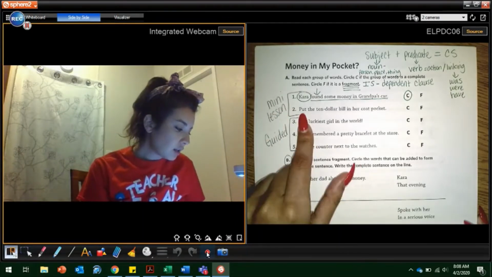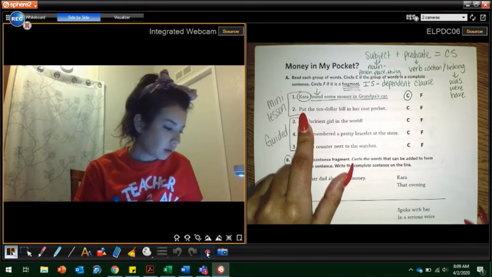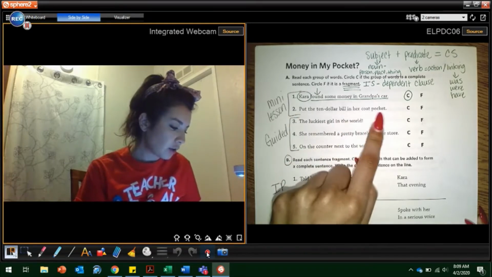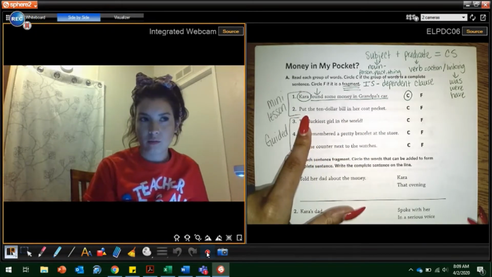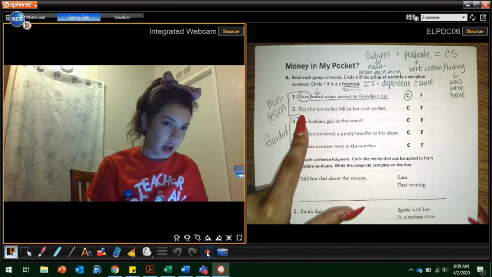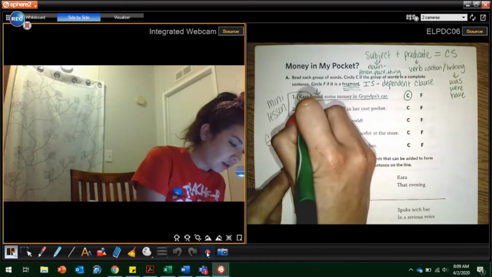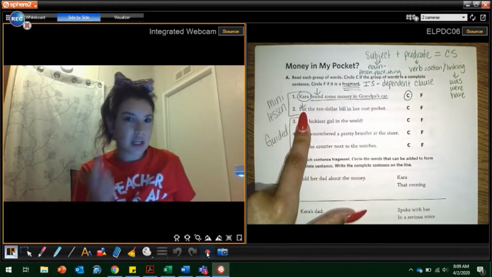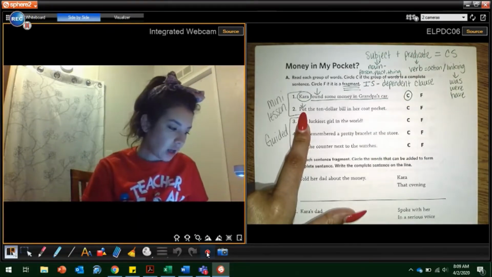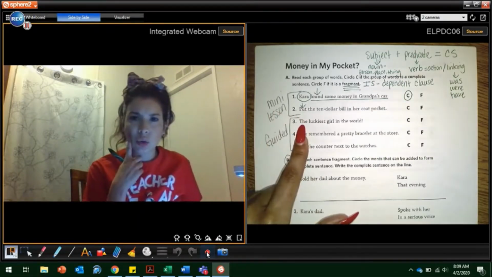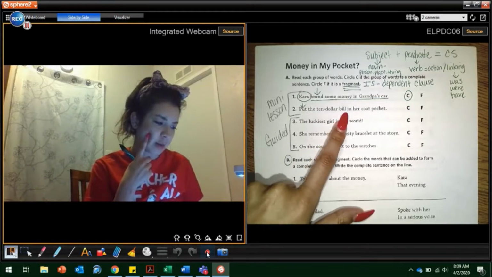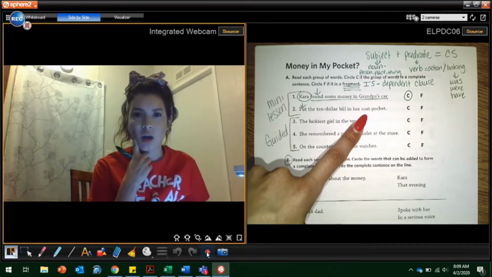And then it says, on number 2, put the $10 bill in her coat pocket. Okay. I have that verb here. So that's already giving me a clue I have a predicate. And I'm wondering still, well, who put the $10 bill in her coat pocket?